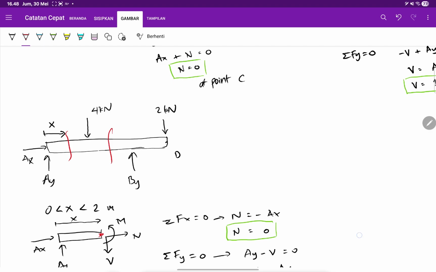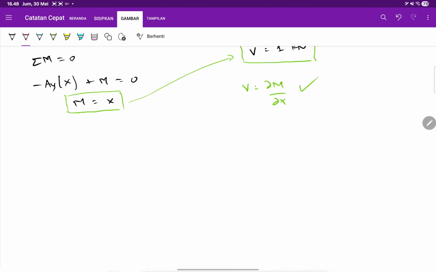The second sectioning, you can make here. Let's draw again. So you have AY, AX, but then you have here 4 kilonewtons. The sectioning point we call X because it's arbitrary right now, it's a variable.